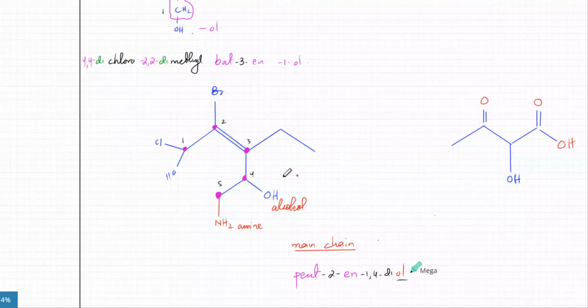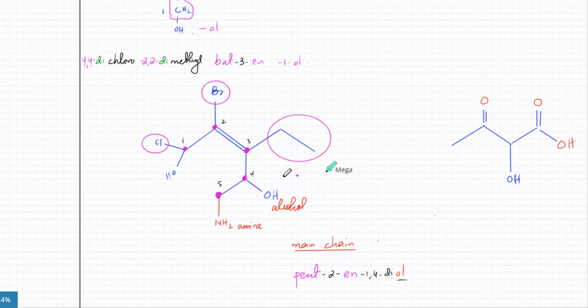Now every other thing that's not part of the main chain becomes a branch. So you've got a two carbon atom branch, which is this one, and you've got bromines, Cls, and an amine as well.